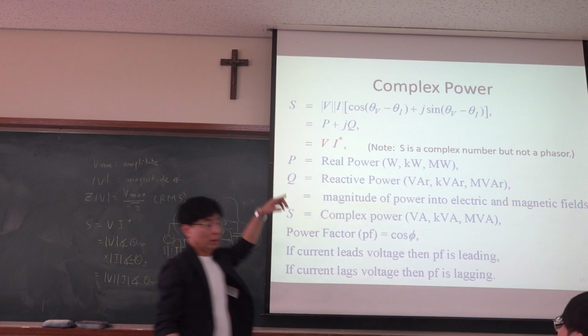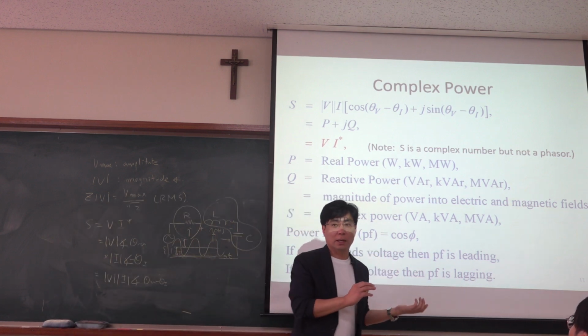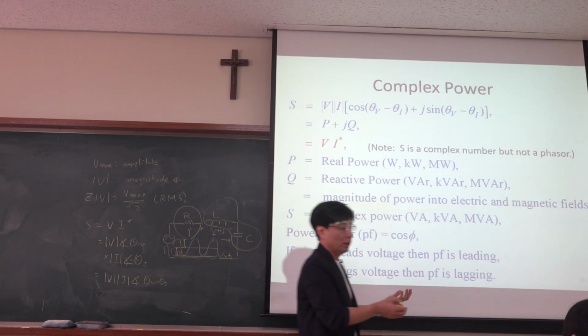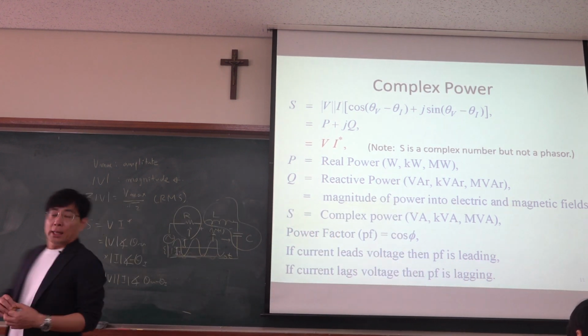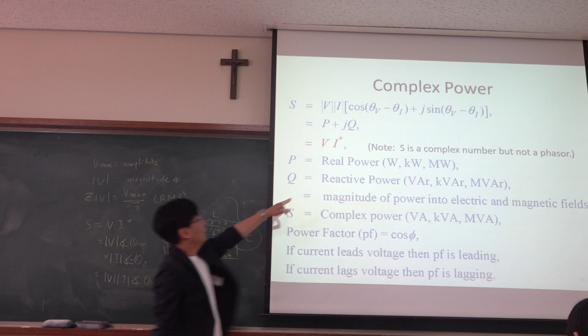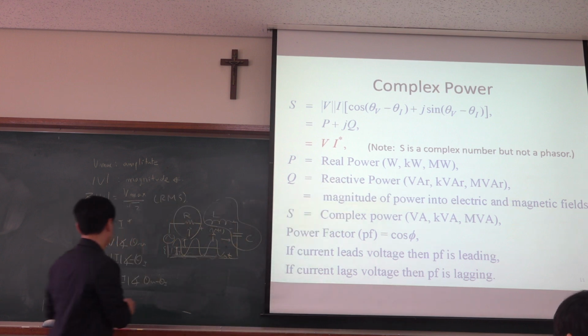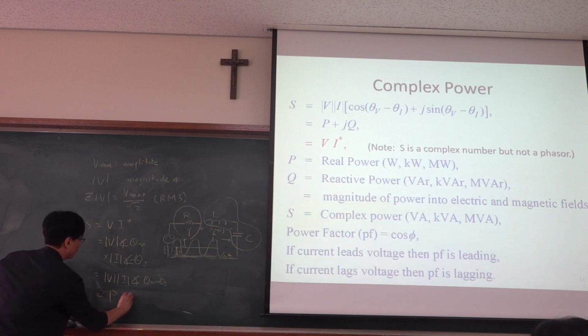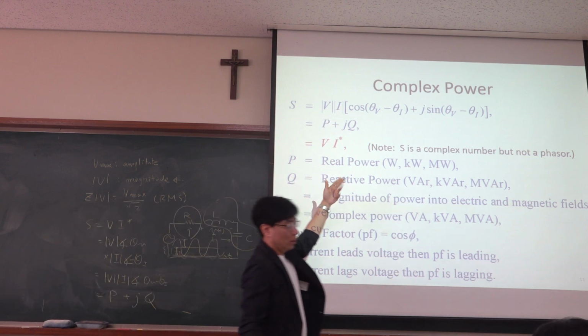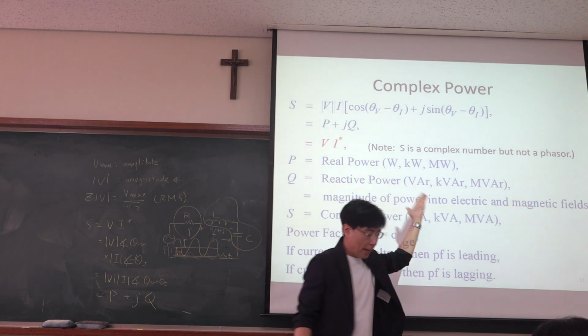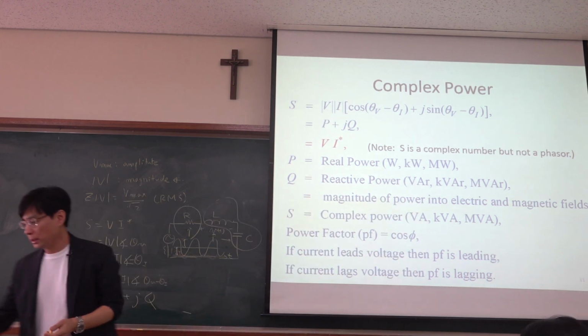The real part is called active power. The imaginary part is called reactive power. Here, real power is denoted by P, and the imaginary power component is Q. Real power is the average power of the instantaneous power.